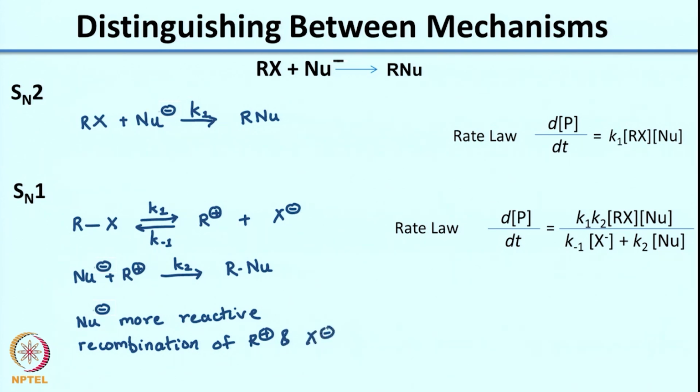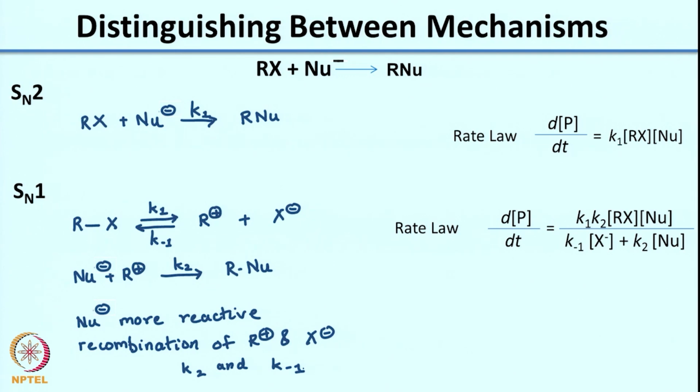This is very logical, otherwise the reaction will not take place. You will go on regenerating your starting material. So if you want the nucleophilic substitution to actually take place, Nu minus should be more reactive than X minus. So in terms of rate constants, what does that tell you about K2 and K minus 1?